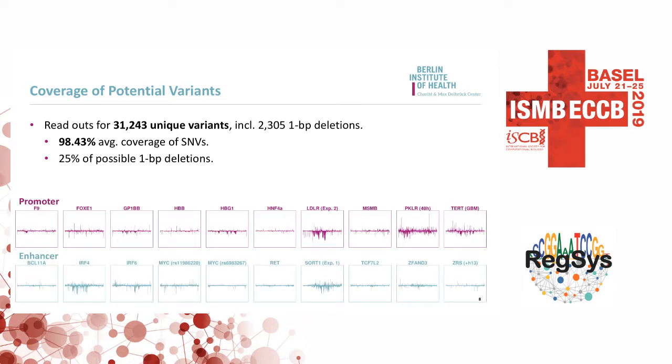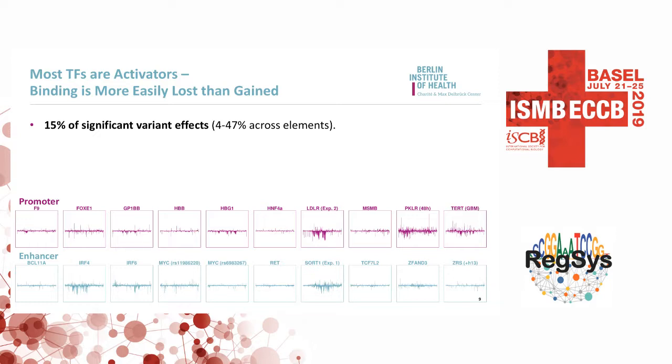Here you can see the expression profile of all of these 20 elements. What you can maybe see is this line, the Y-axis expression, and it's super different between the elements. On average, we have 15% significant variant effects, but it's really different across all of these elements, ranging from 4 to around 50%.